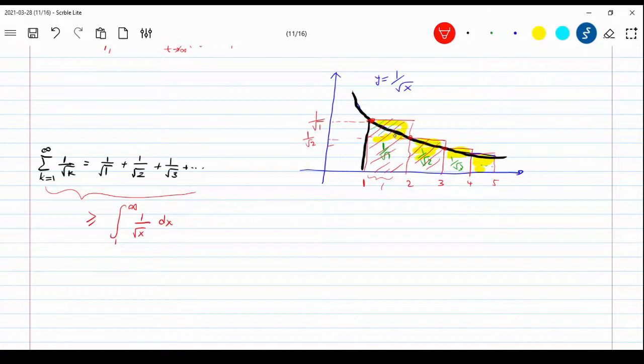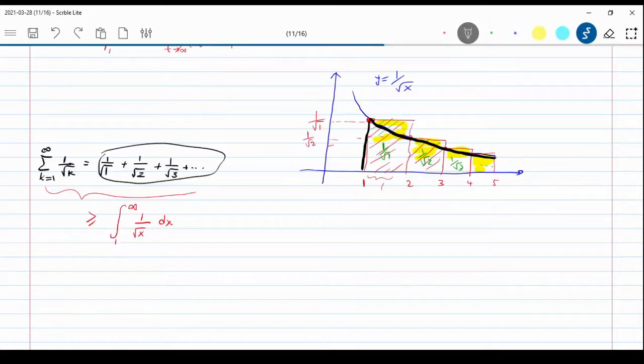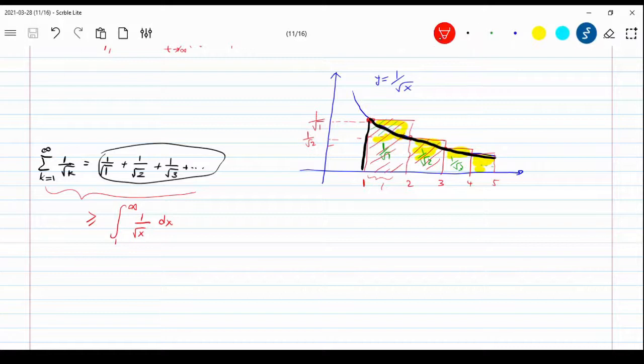Right, because the black curve is smaller than the sum of those squares. The area under the black curve, starting from 1, I should say from here, just to make it clear, is smaller than the sum of the areas of those squares. So that tells us the summation is greater than the integral from 1 to infinity of 1 over square root of x dx.